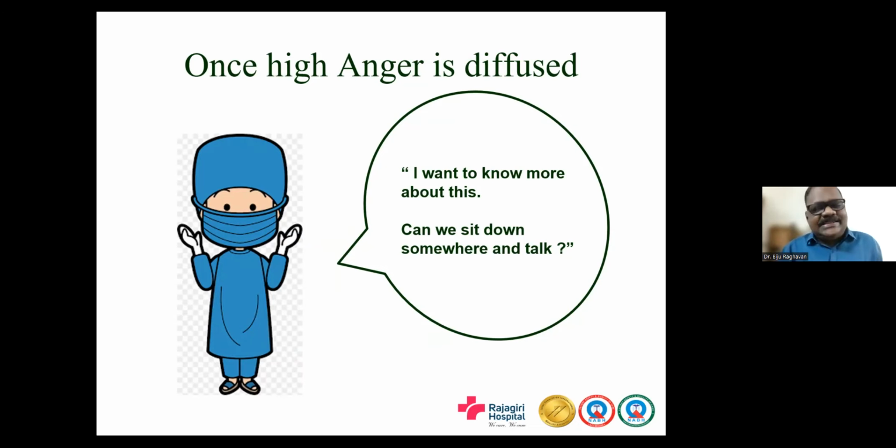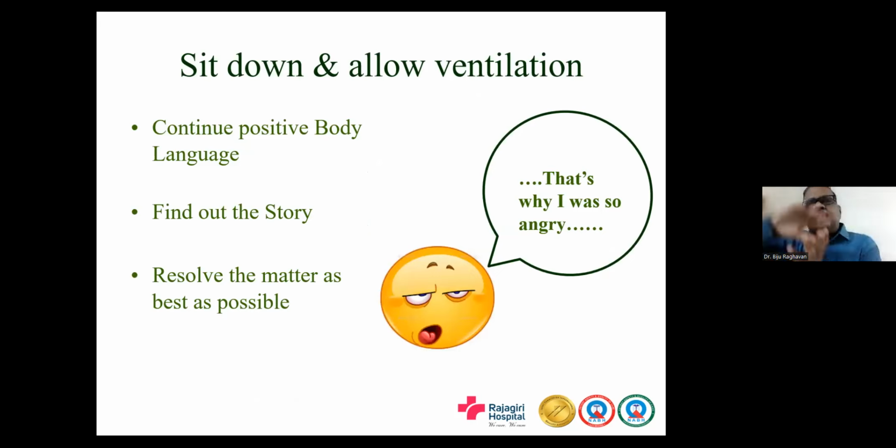And now you can sit somewhere, because all this while this display of anger may have been in a public space. So now you have reduced the anger to a simmering anger, and now you can take this person to sit and talk in a private place, so that the public area can work like normal.